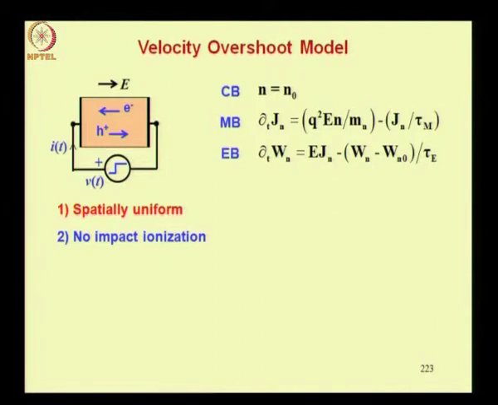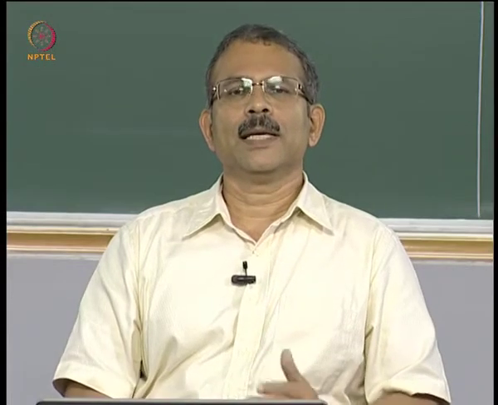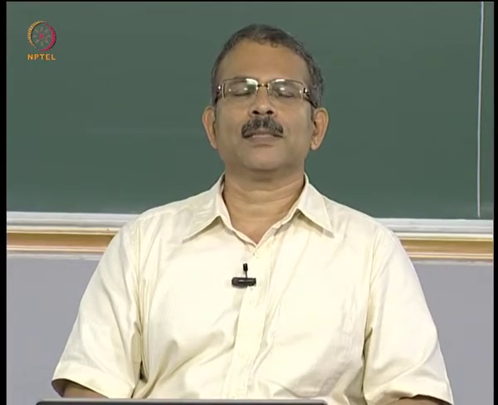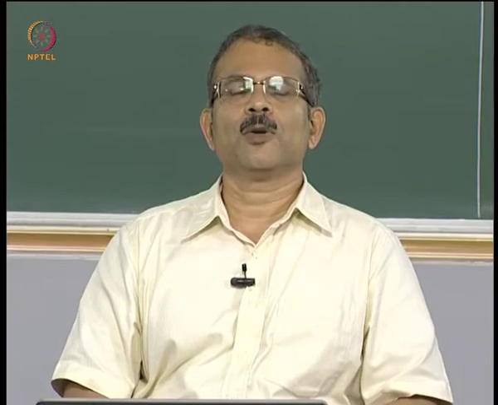The simplified equations are put here. We are following exactly the same approach that we followed for velocity saturation, the velocity field curve. The only thing is the equations are a little bit more complex because here time derivatives have to be considered.